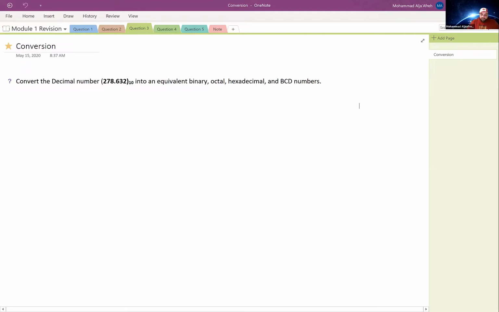Okay, so I have here the number 278.632. In order to convert it to binary, I have to treat the integer part in one way and the fractional part in a different way.